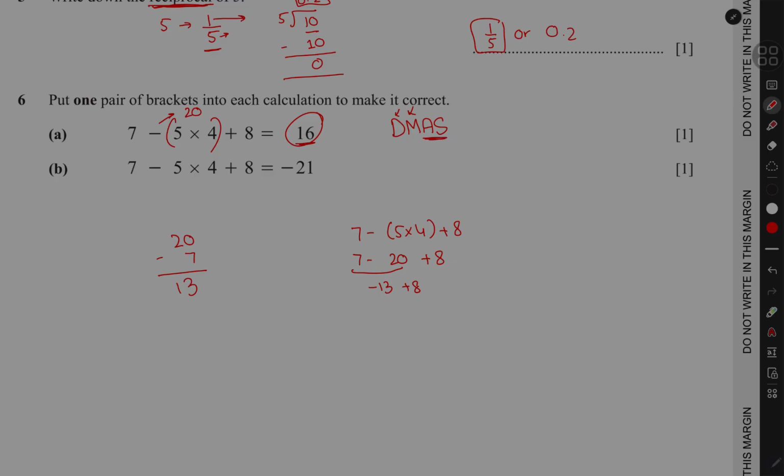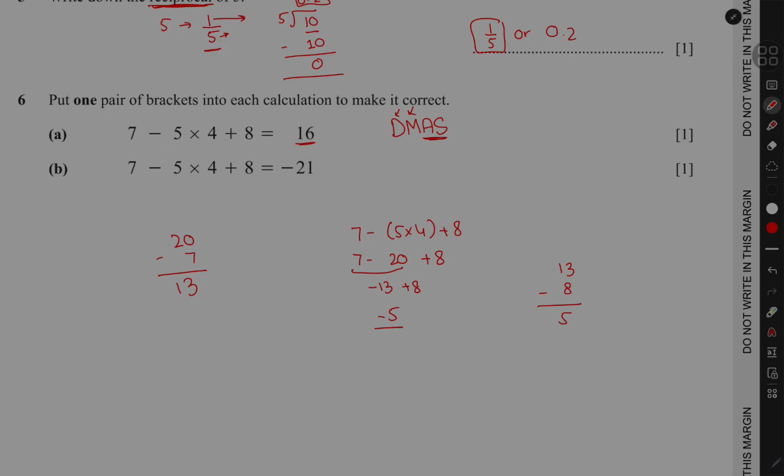Now negative 13 plus 8, you can just do 13 minus 8 and then put the negative sign at the end. Okay? So 13 minus 8, that would be 5. So the answer would be negative 5, not 16. Okay, so this method is wrong.